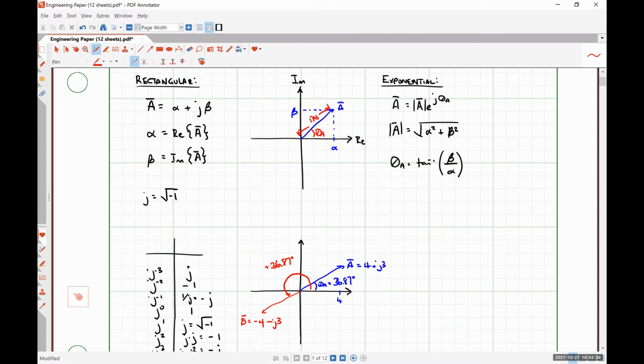So we get 36.87 degrees for angle theta A, which absolutely makes sense because an angle of 36.87 degrees lies in quadrant 1, where we can see very easily that our complex number A actually lies. If we take the arctangent of -3 divided by -4, we get that exact same value of 36.87, but we can see very clearly that our complex number is supposed to lie in quadrant 3.